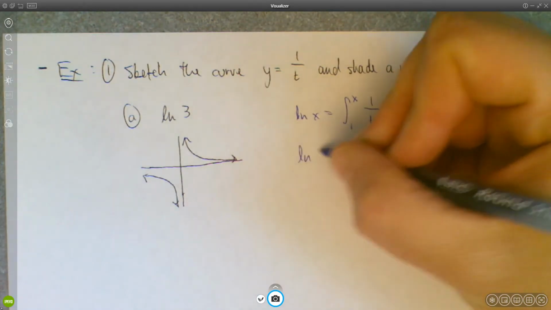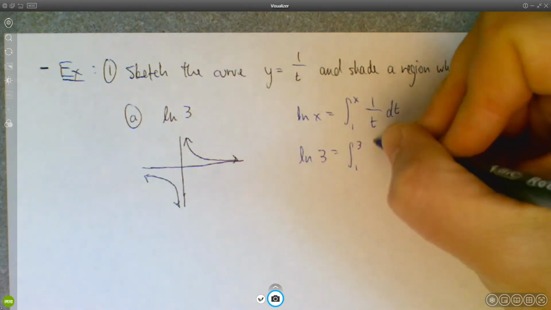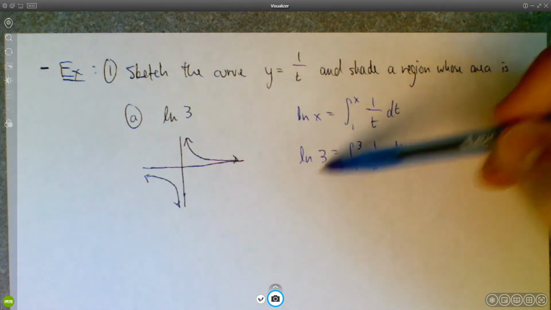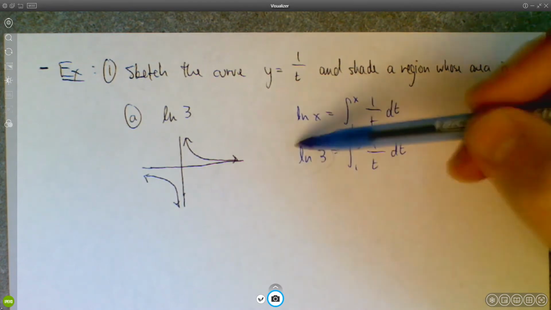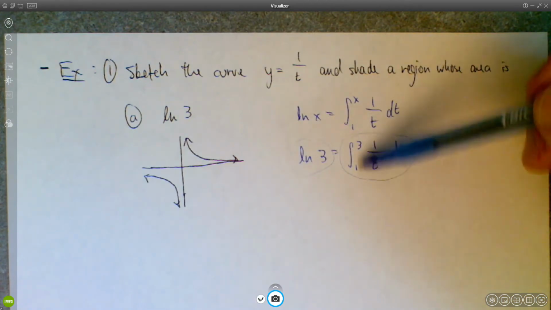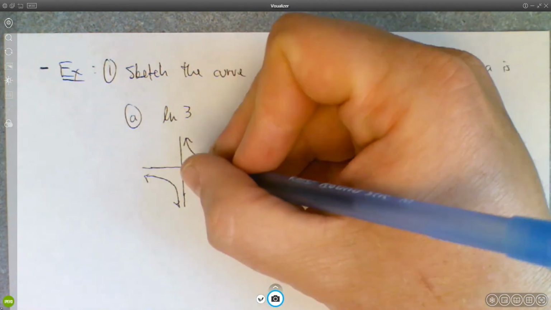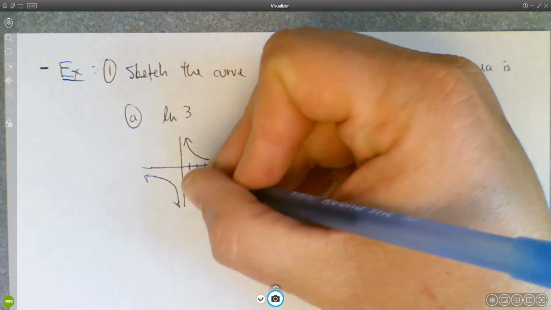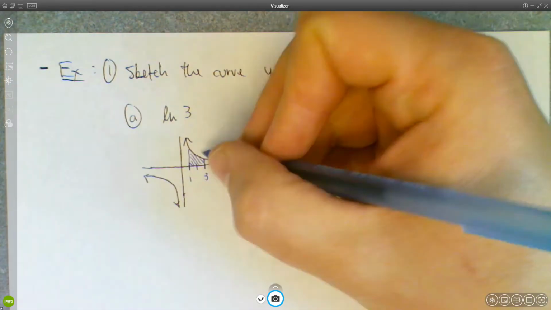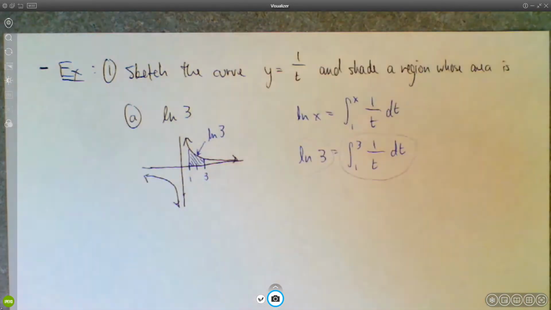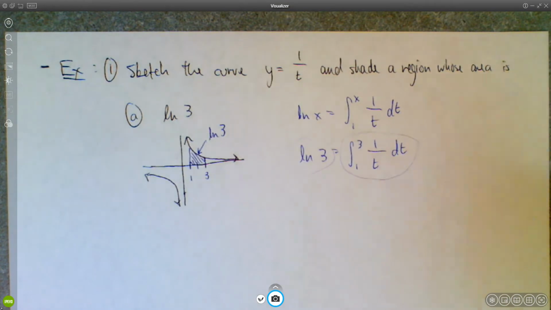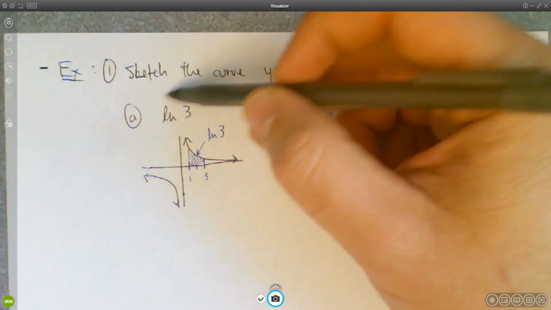And so ln of 3 would be the integral from 1 to 3 of 1 over t dt. So if we want a region whose area is natural log of 3, this is the integral we're going for. Since this is the curve 1 over t, we want to find the area between 1 and 3. So if 1 is here and maybe 3 is there, then this would be a region whose area is the natural log of 3. And that's just by definition.